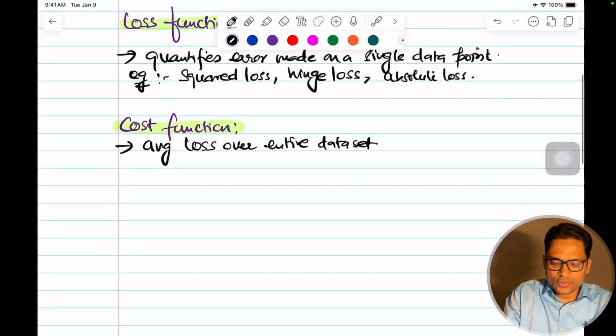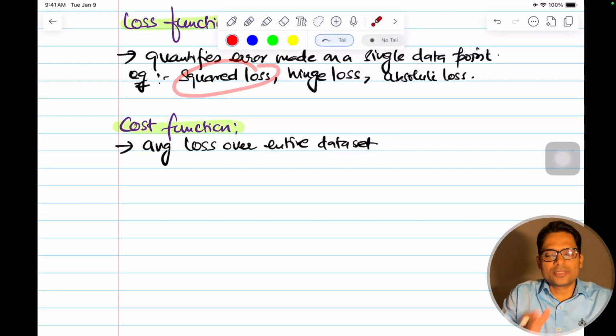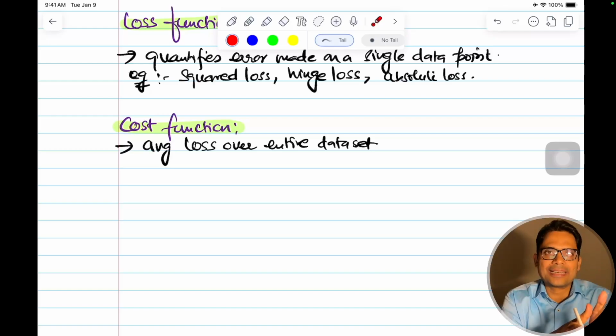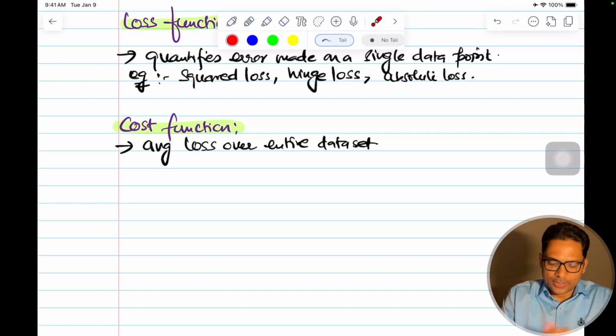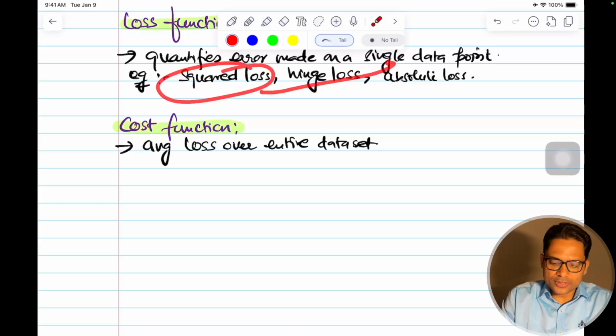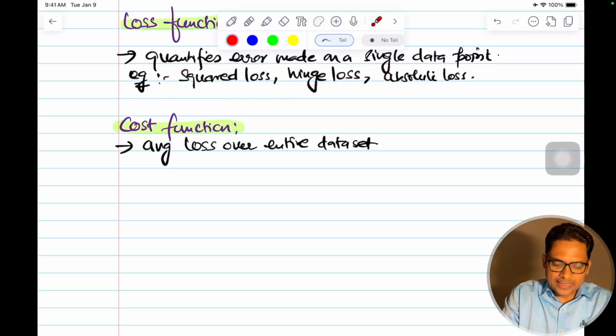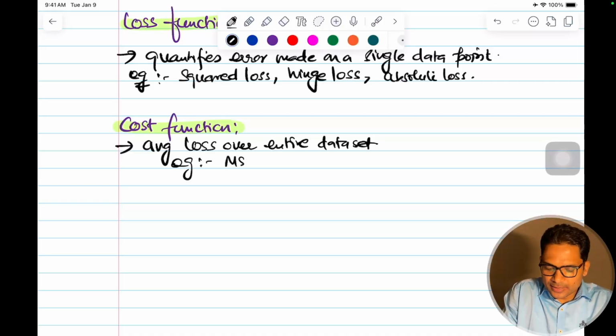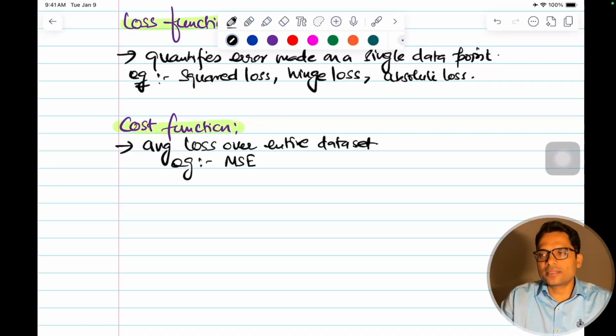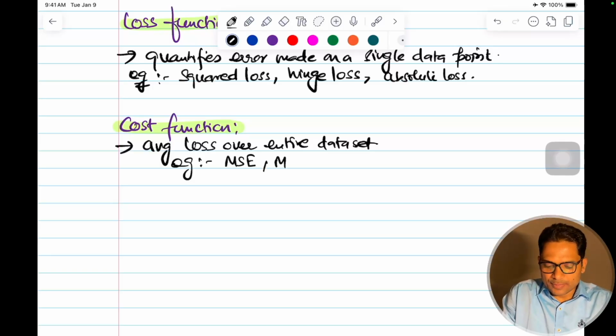For example, if I'm using a squared loss, what is the difference between the predicted and the actual value, and I just square it up. That will give me the single data point loss. And if I take the average of it, then what is it called? It's called mean squared error, MSE. Similarly, we have mean absolute error also.